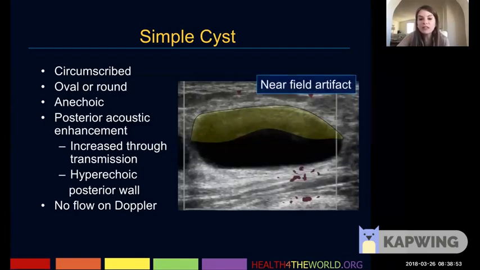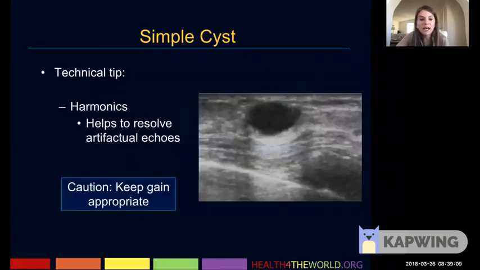Just be aware that near field artifact is going to look like that, but if all the other characteristics meet the criteria for a cyst, it has no vascularity, it looks very regular, it's artifactual, and this is still a simple cyst. Harmonics are helpful to resolve artifactual echoes, but again, you want to keep your gain appropriate. You never want to make a solid mass look cystic by adjusting your gain inappropriately.